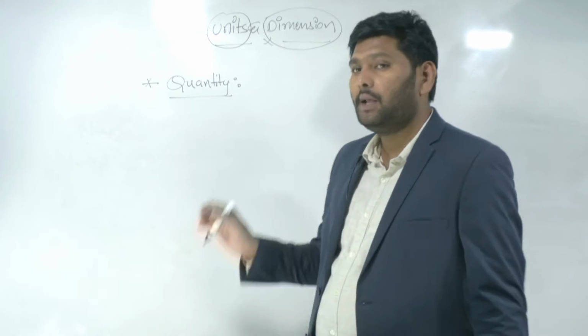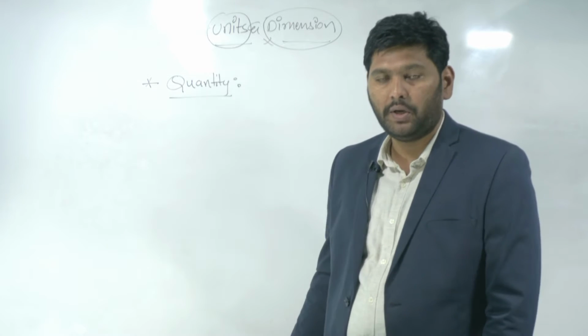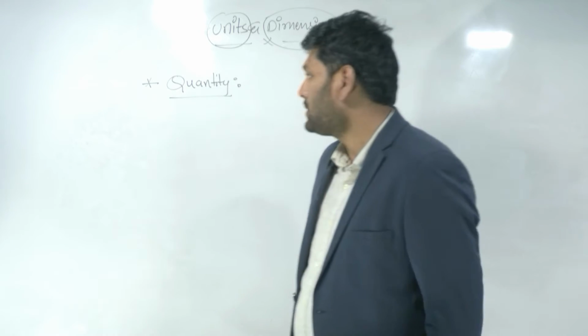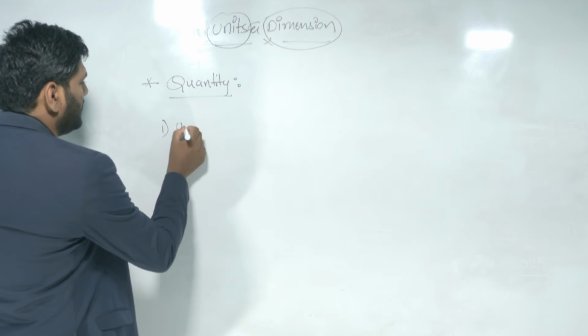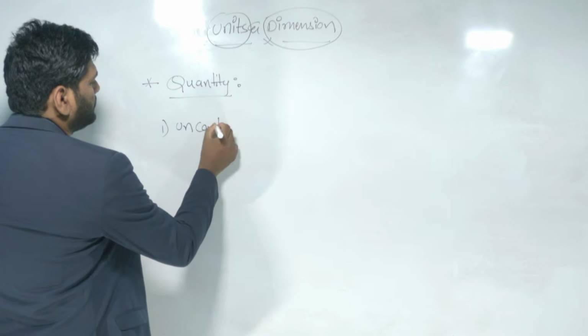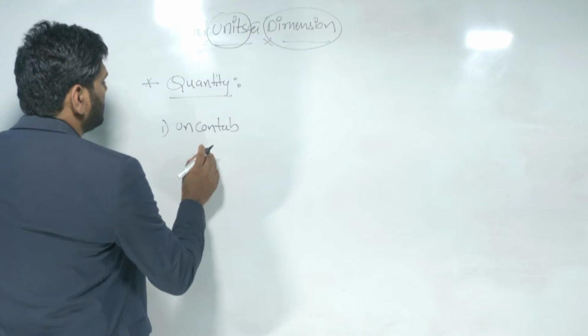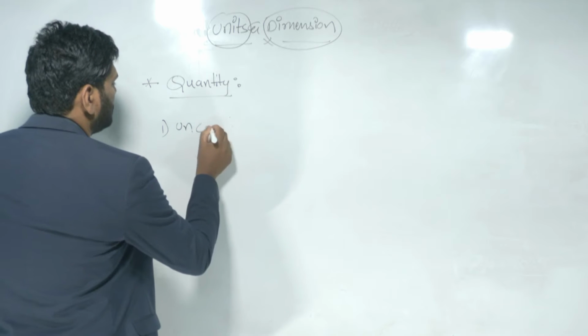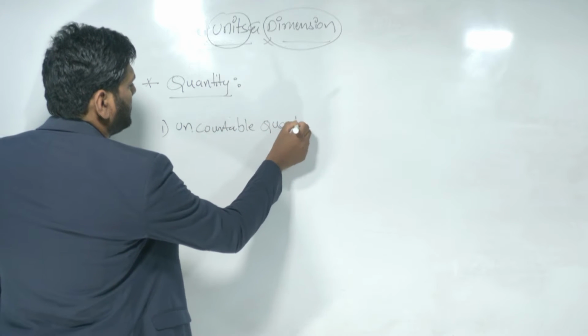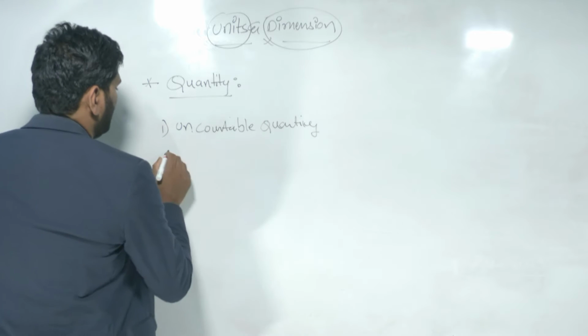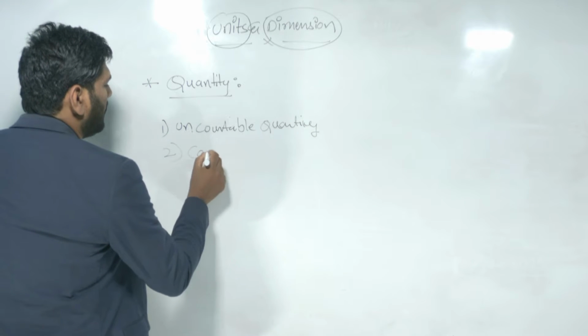But this quantity has two types. How many types do we have? Two types. One is uncountable quantity, and the other one is countable quantity.